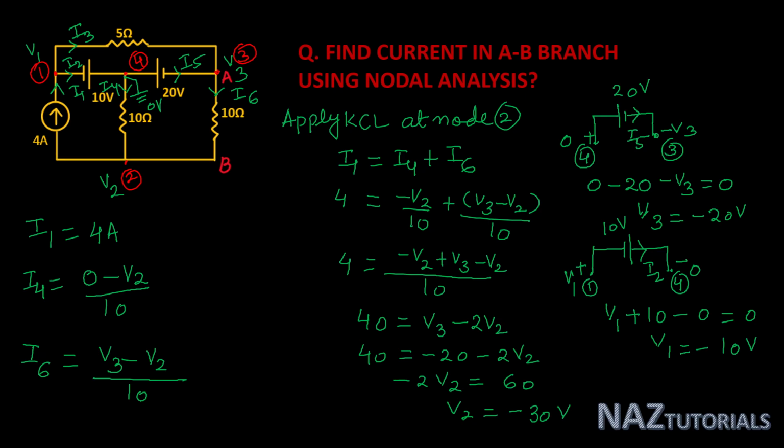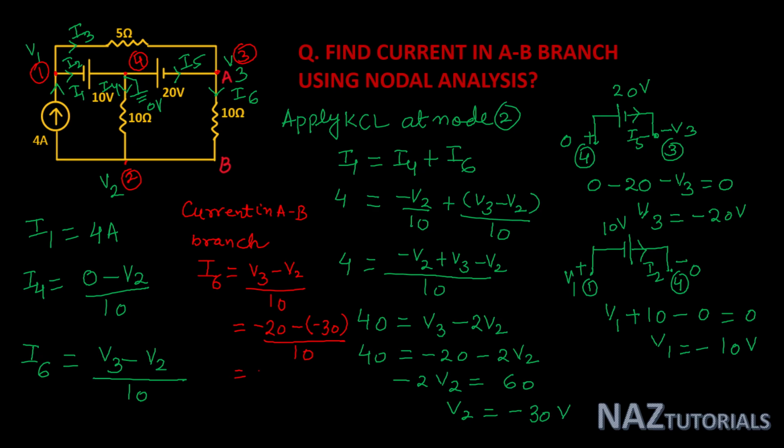Now calculate the current in the AB branch. That is I6, which is equal to V3 minus V2 divided by 10. Here V3 is minus 20 and V2 is minus 30, divided by 10.